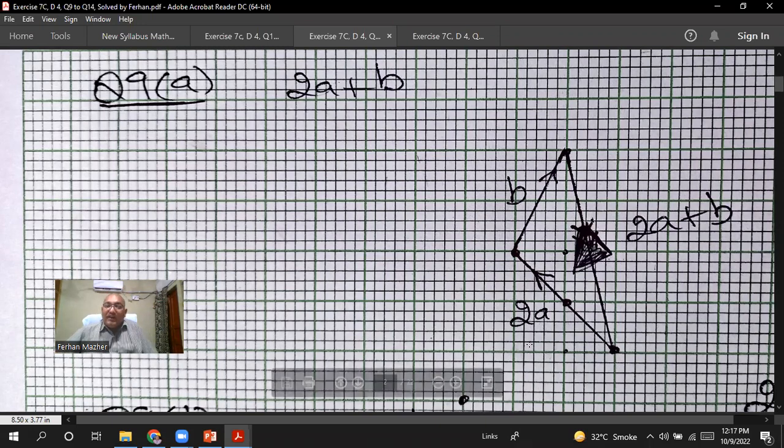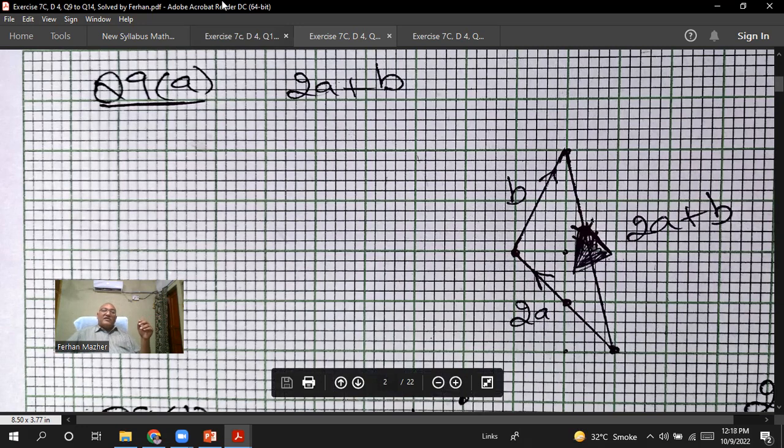You have to represent 2A. So starting from here, one step to the left, one step upward. This is 1A. One step to the left, one step upward. This is the second A. Join these two points. This is 2A.